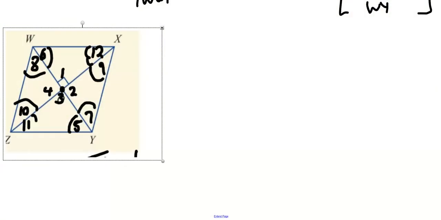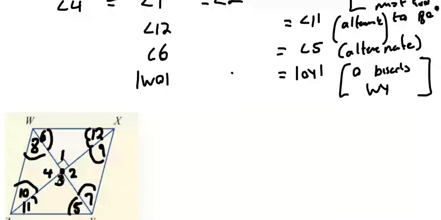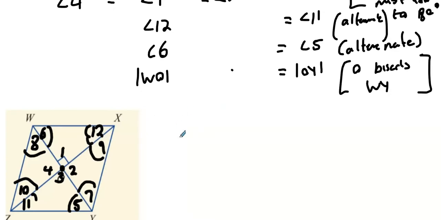So, what we've now discovered is that we can now say very quickly that angle 6 equals angle 8. We can say angle 5 equals angle 7. What else can we say?